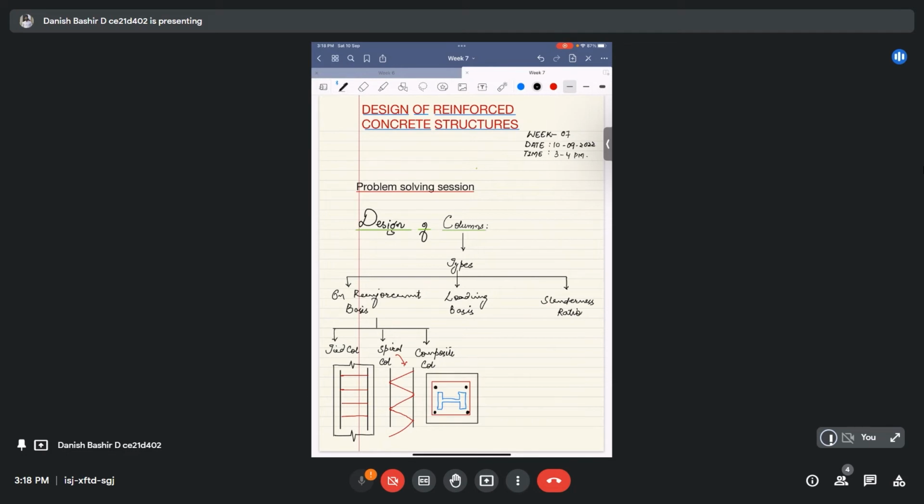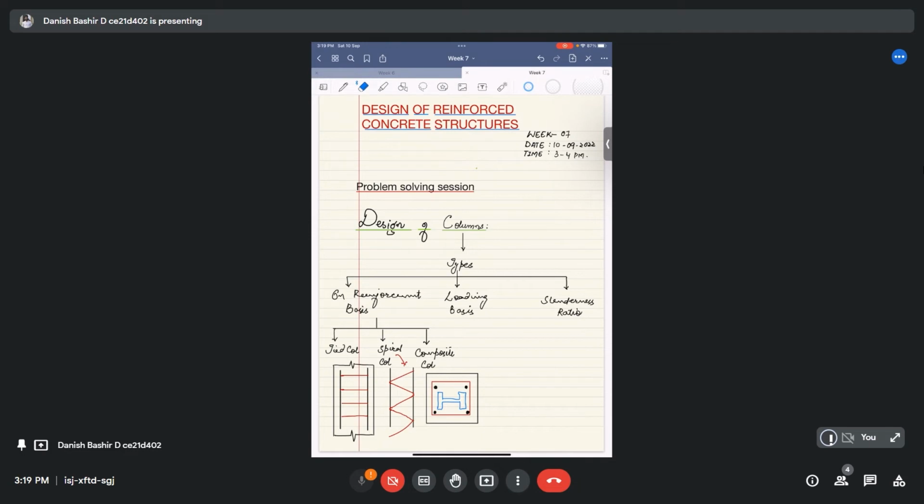On the basis of loading, we also have several types of columns. We can have columns with axial loading, columns with uniaxial eccentric loading, and columns with biaxial eccentric loading.